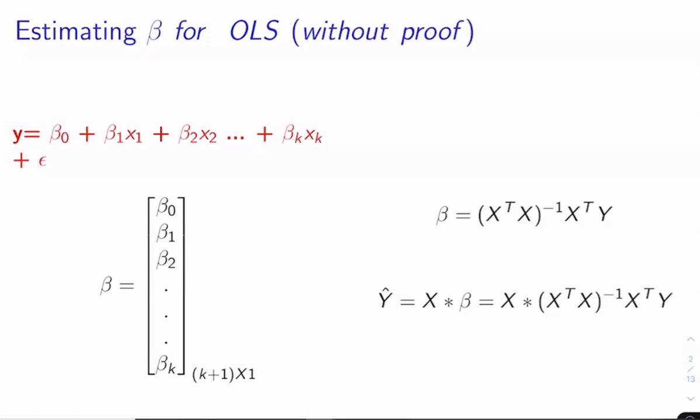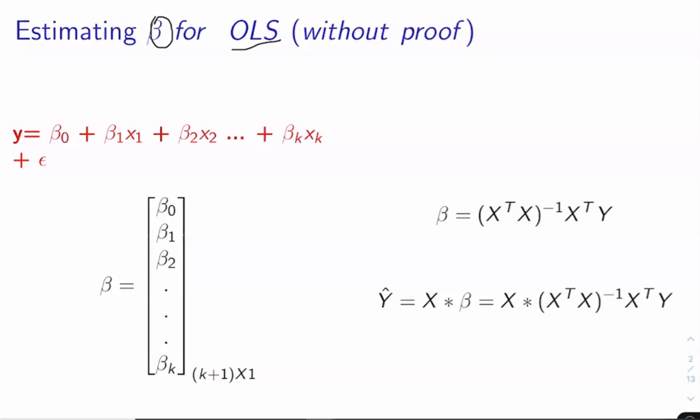to estimate the values of beta from the given data set, and the method based upon which we can calculate the values of beta 0 and beta 1 is the ordinary least square.